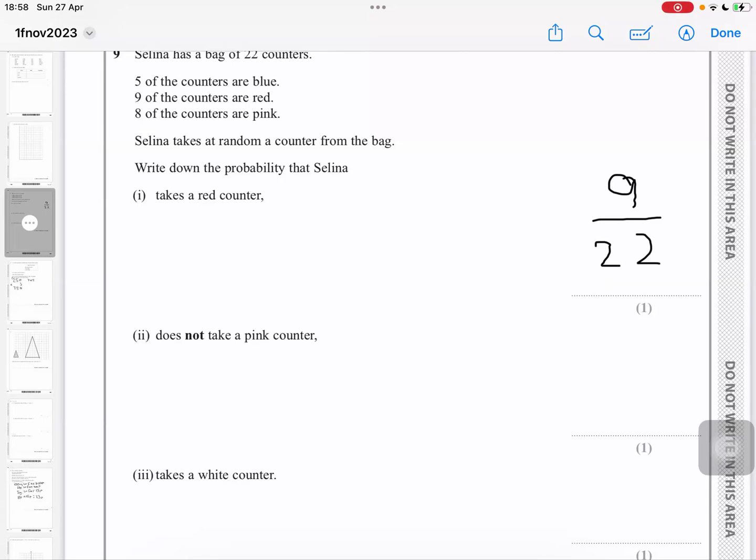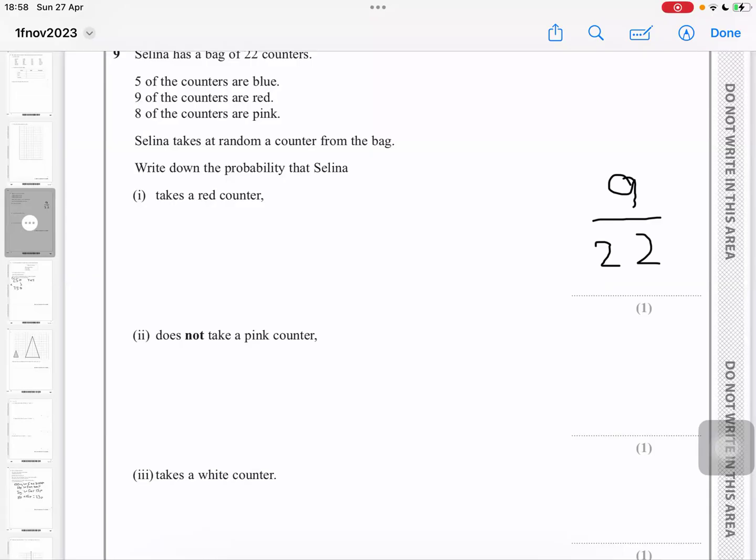Do you remember the formula for probability? I think you wrote it down. Correct, 9/22. The number of required events over the number of possible events. So that's the answer for the first one.